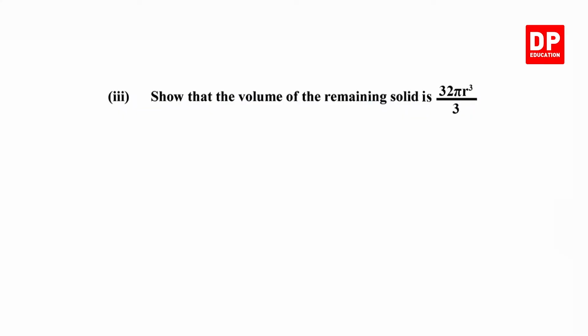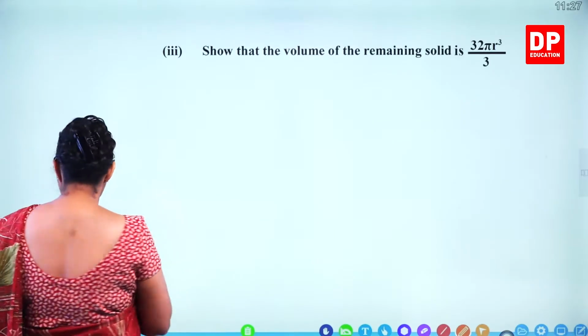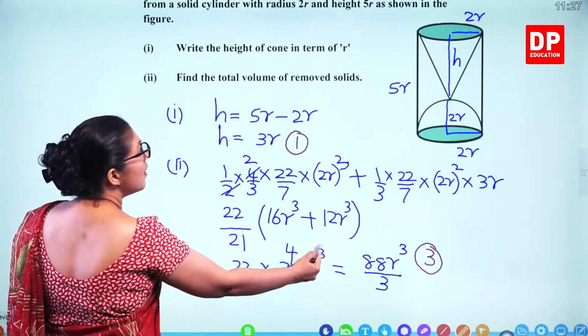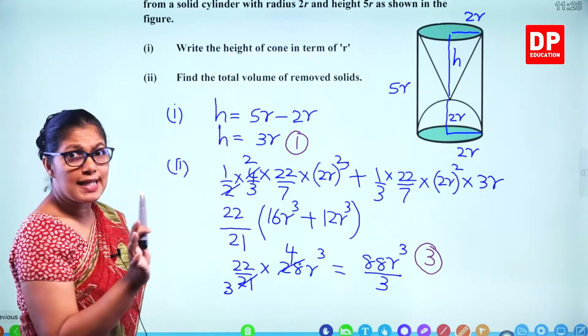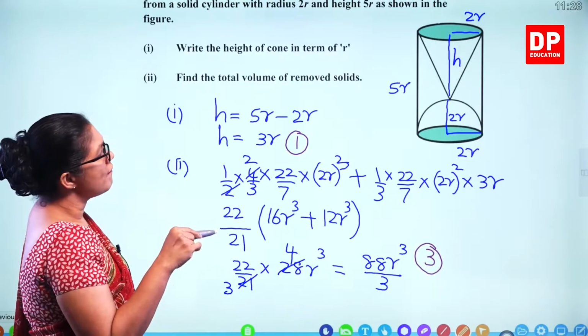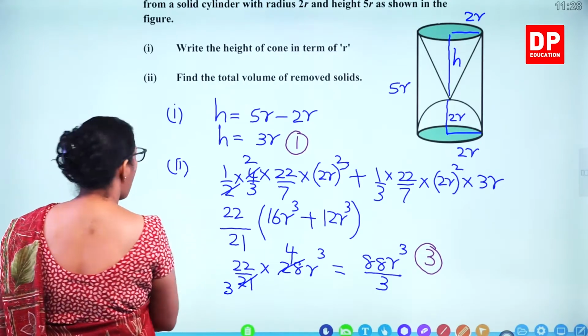Next part, show that the volume of the remaining solid is this. So the removed part is this. So what's the total volume of the cylinder? Pi r squared h. 5r is the height.